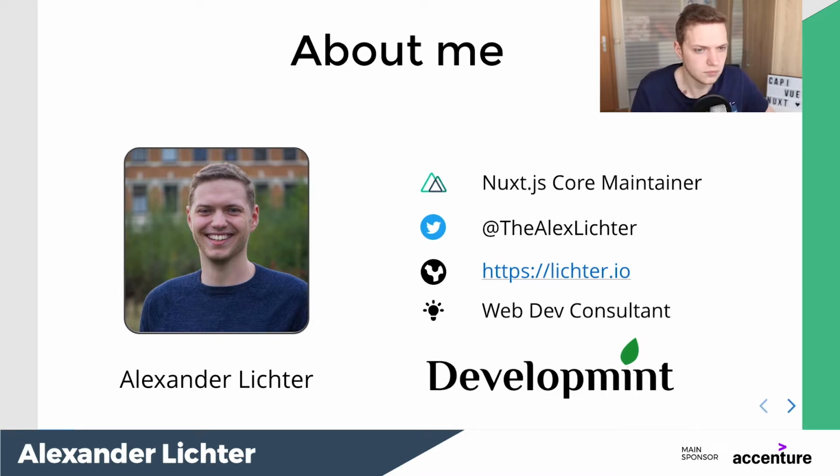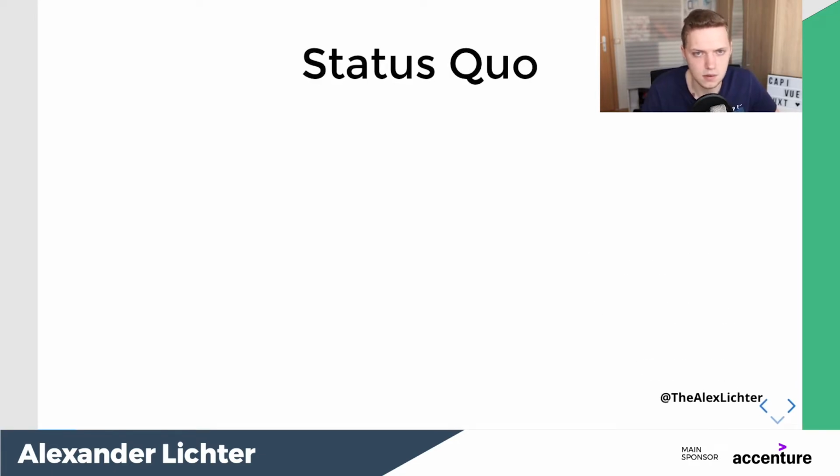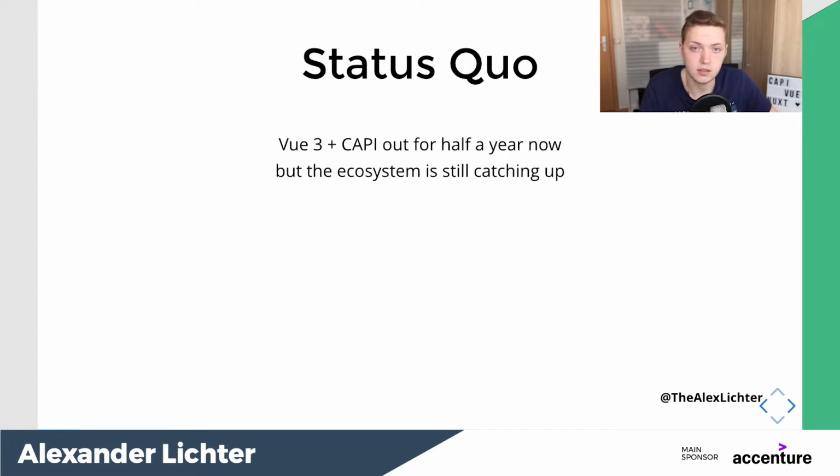Okay, before we get started, let's just take a look at the status quo in general regarding the whole Composition API topic. At first, Vue 3 is out for a while. That means also the Composition API, or C API, however you want to name it, is also out for more than half a year now.